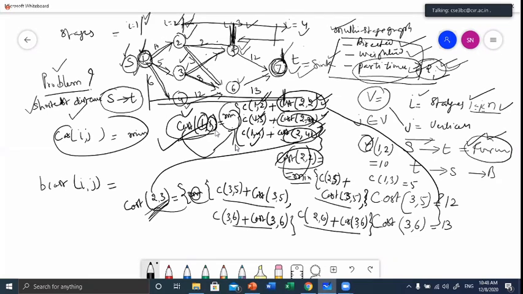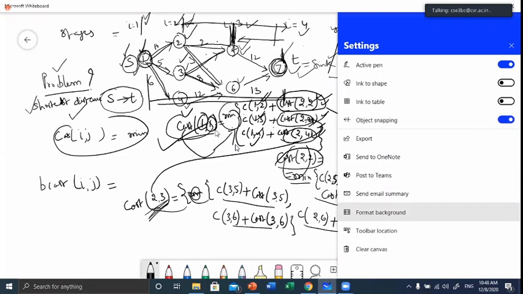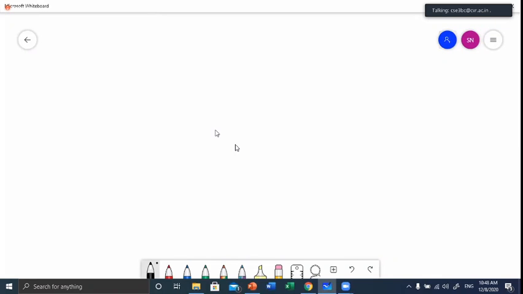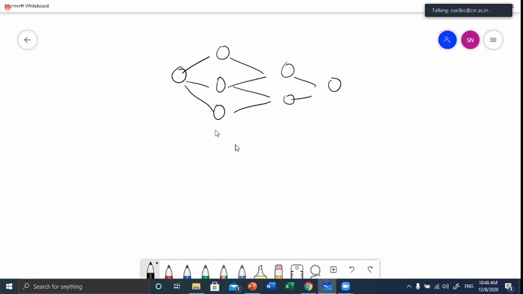Then I can write one formula. I'll show this formula also. Let us take these are the vertices. This is one vertex.